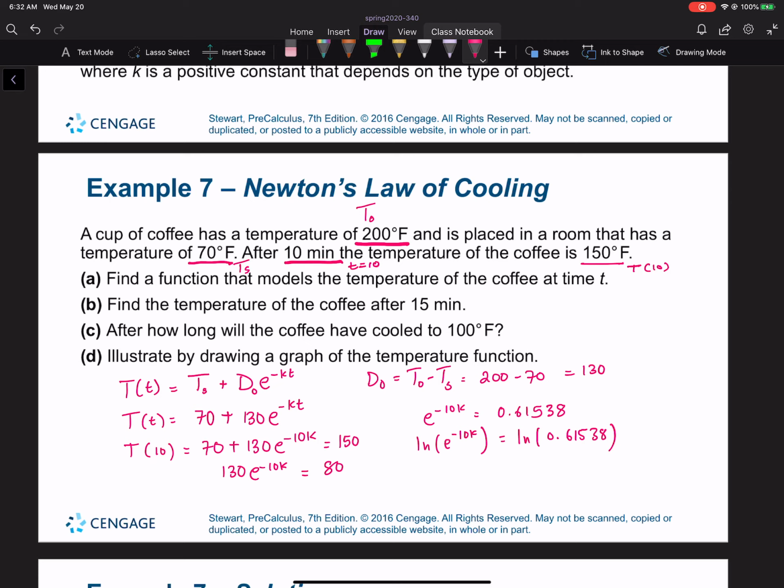Applying my properties, negative 10k is equal to ln of 0.61538, so k becomes ln of 0.61538 divided by negative 10, which gives me 0.0485.